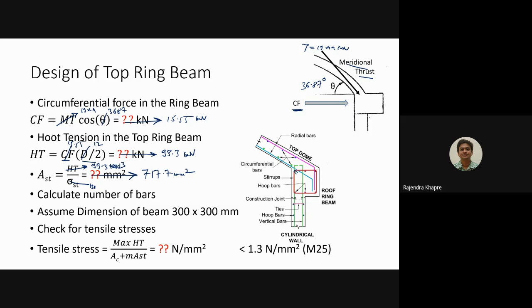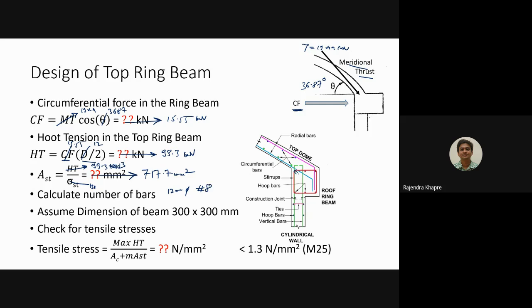Can you tell me how many bars are required if I provide 12 dia? How many bars will be needed? Sir, 6.34, so 8. Sorry, 8 bars will be required. Okay, so this is 8 numbers.